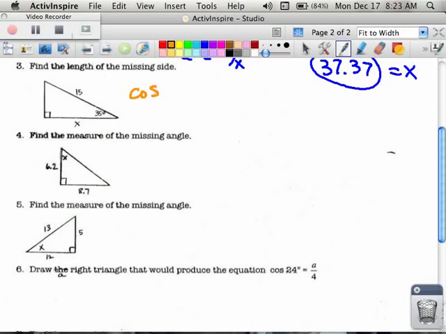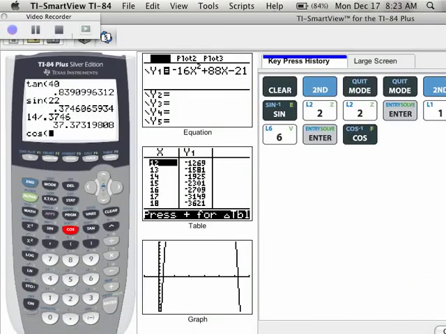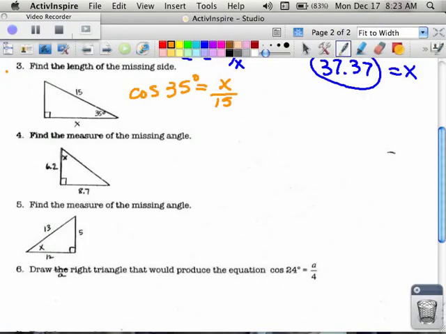So the cosine of the 35 degree angle is equal to the adjacent over the hypotenuse. I go to my calculator and I find the cosine of 35. Remember, we're going to 4 decimals with trig, so that's 0.8192. So 0.8192 was the cosine of 35.